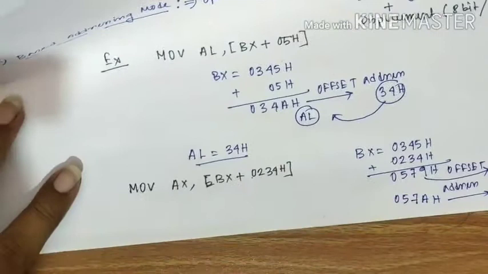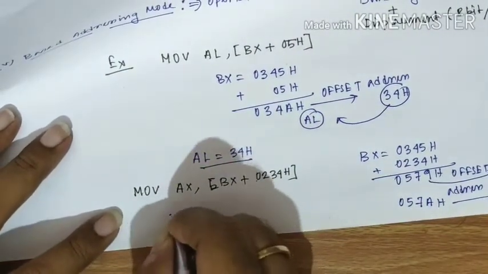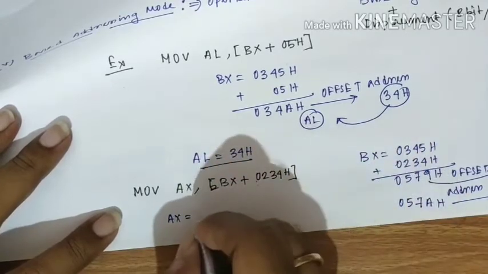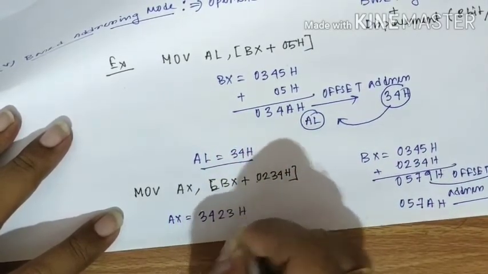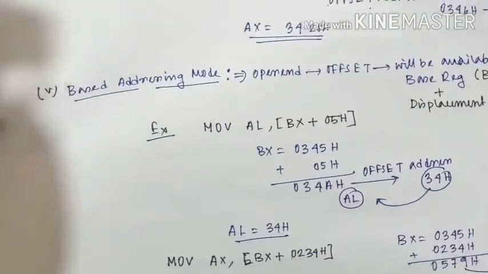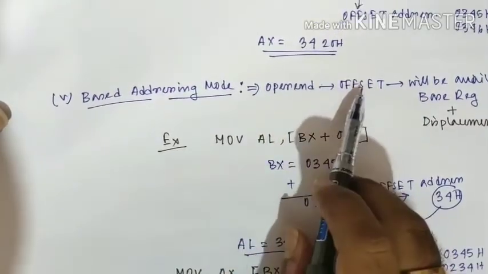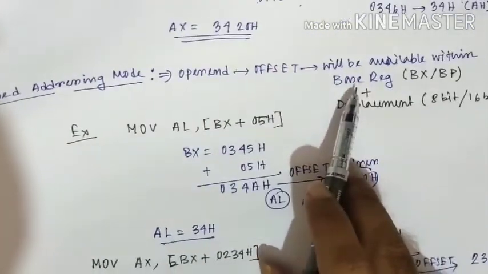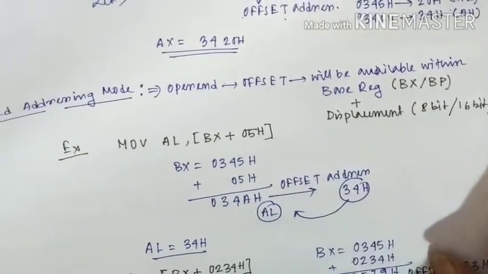Then after executing this instruction, the AX register gets the value 3423H. In this way, base addressing mode works, where the offset is basically a base register plus displacement, where displacement can be 8-bit or 16-bit.